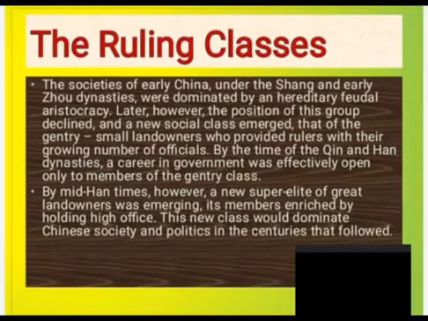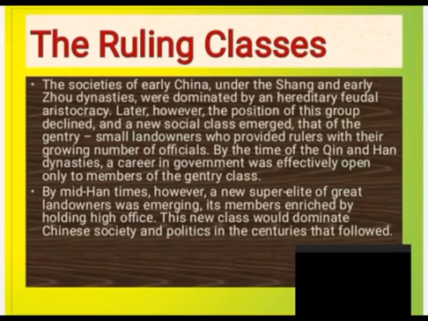The ruling classes. The societies of early China under the Shang and early Zhou dynasties were dominated by a hereditary feudal aristocracy. Later, however, the position of this group declined and a new social class emerged, that of the gentry, small landowners who provided rulers with their growing number of officials.